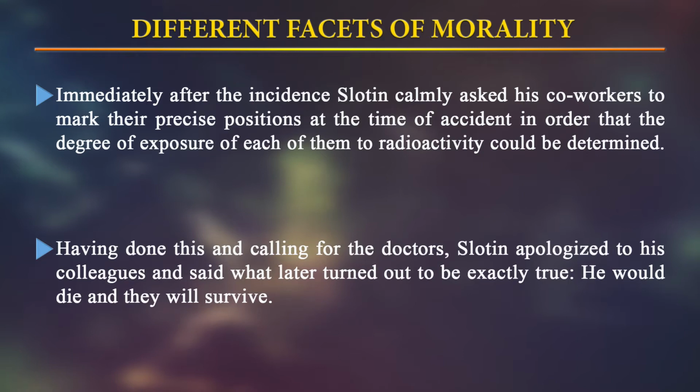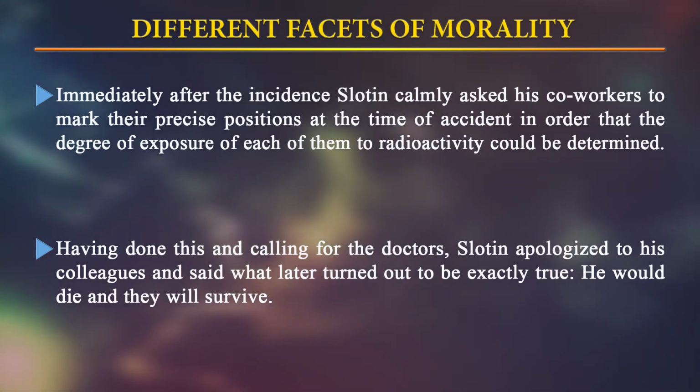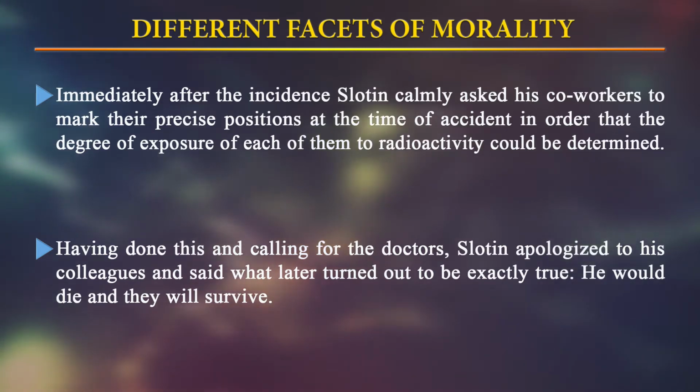Having done this and calling for the doctors, Slotin apologized to his colleagues and said what later turned out to be exactly true: he would die and they would survive.